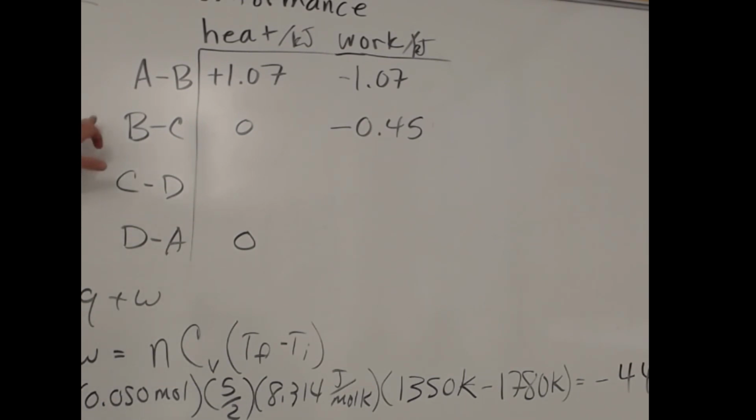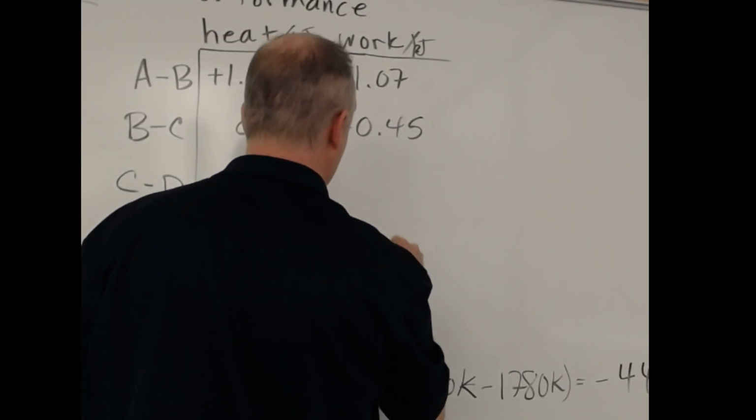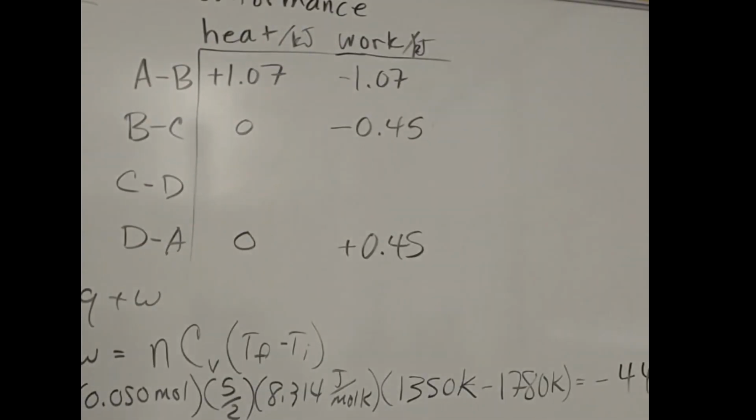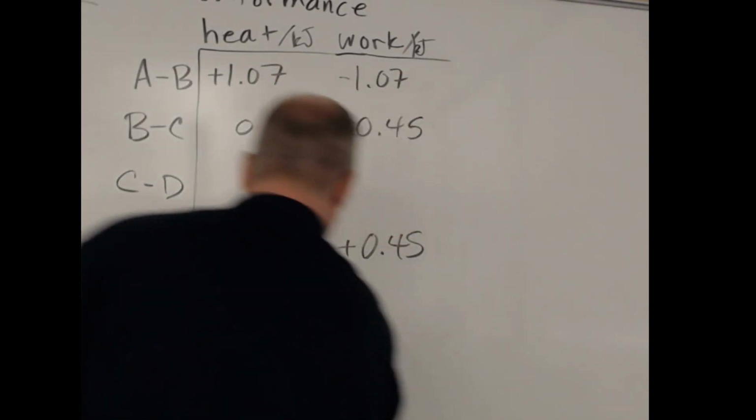And so if this adiabatic expansion is a negative 45 kilojoules, this is going to be a positive 45 kilojoules. Makes sense? Okay, good. So then now we have just one more row to calculate in our performance table.